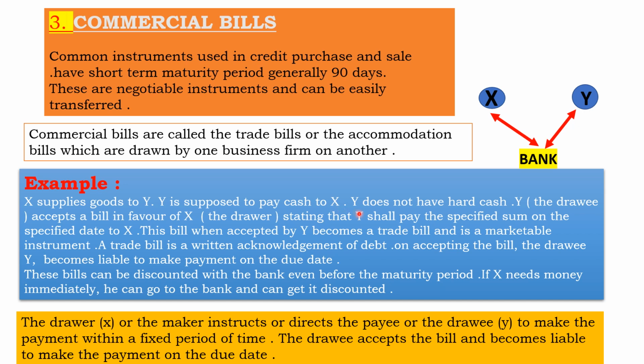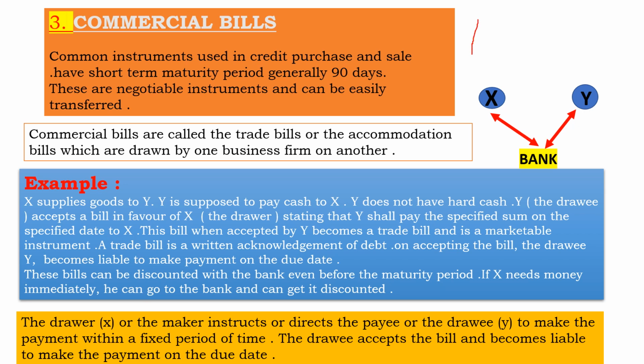Let us take an example. Say that Y does not have hard cash. X supplied goods to Y, but Y does not have cash to pay X. Now what will Y do? Y, who will be called the drawee in our example, accepts a bill in favor of X, who will be called the drawer, stating that Y shall pay the specified sum on the specified date to X. So what does that bill look like?